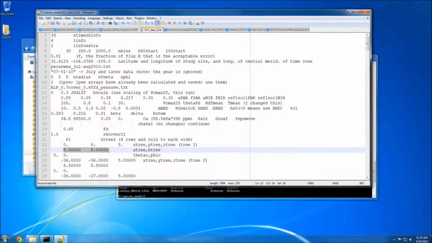The program allows this to be very general. If I set these equal, it's a sphere. So then other things like the angles of inclination, zenith and azimuth of the central axis of the ellipsoid don't matter. Set them to 0. The next 240 lines give the coordinates and orientations of the remaining 80 trees.